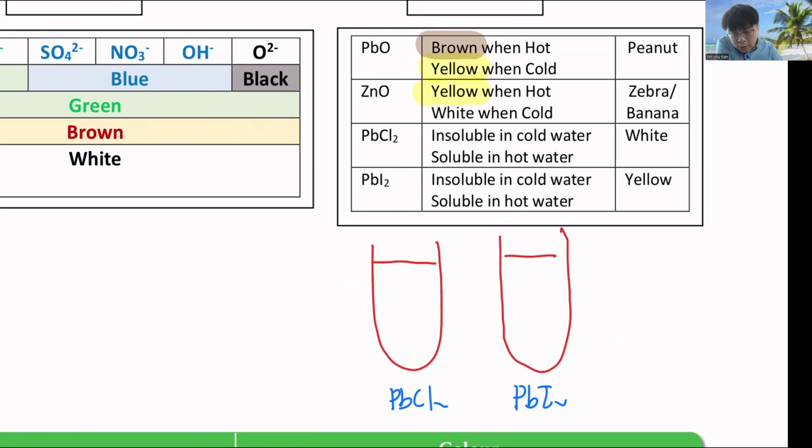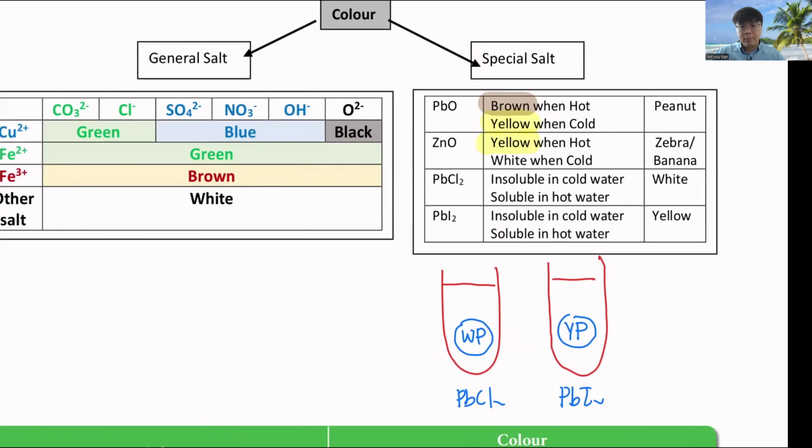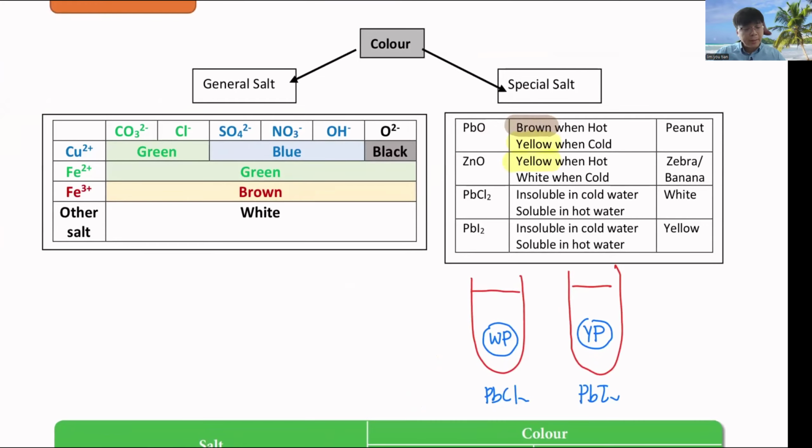But when the solution cools back to room temperature, you realize these two solids reappear, because they cannot dissolve in cold water. This is something special that frequently comes up in school exams and SPM. Okay, so this is the color part.